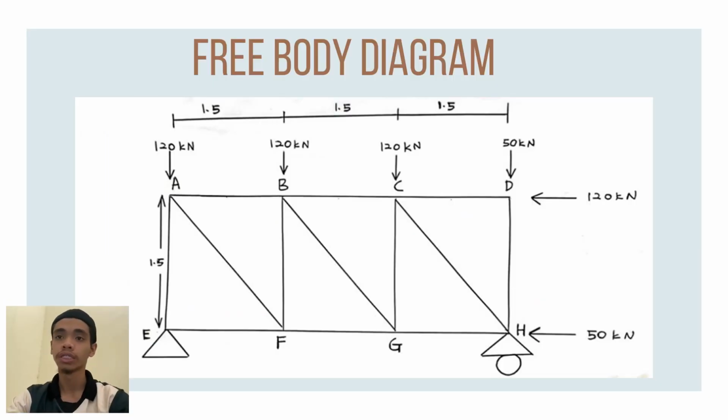So this is a FBD of the roof. Each length from A until E is 1.5 meters, and the forces at A, B, C are 120 kilonewton. The force at B and H is 50 kilonewton, and the force at D from the side is 120 kilonewton.